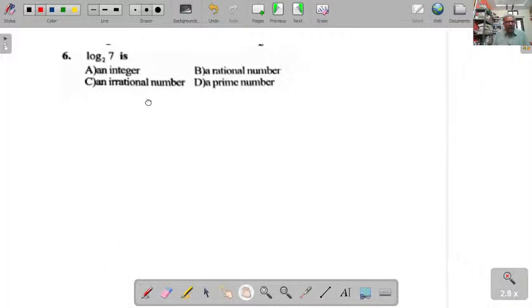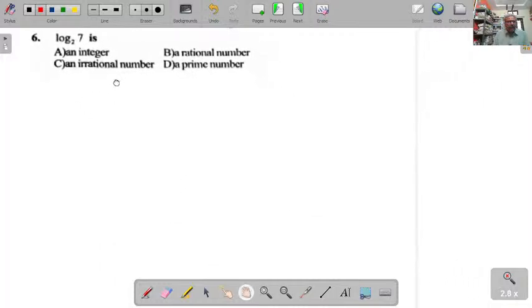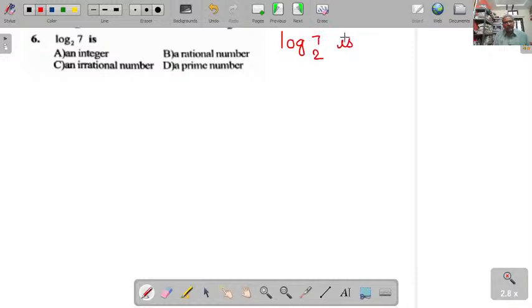See, this is based on concept only. Log 7 to the base 2 is an integer, a rational number, an irrational number, or a prime number?